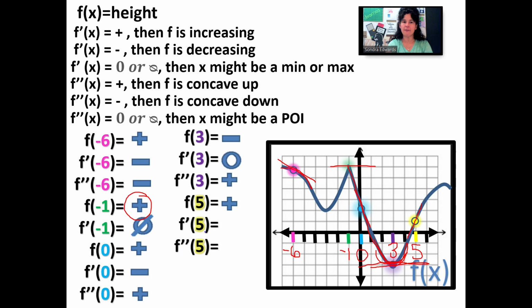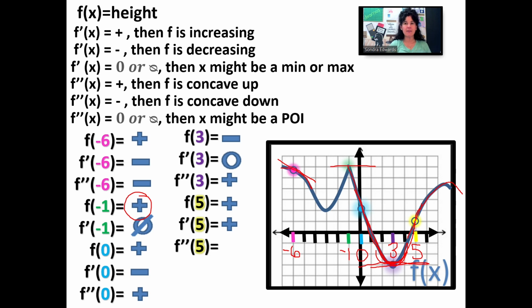So the answer to f prime of 5 is positive. And then f double prime of 5 is concavity. But that yellow point there is where we switch from being concave up to concave down. So that ends up being a point of inflection.